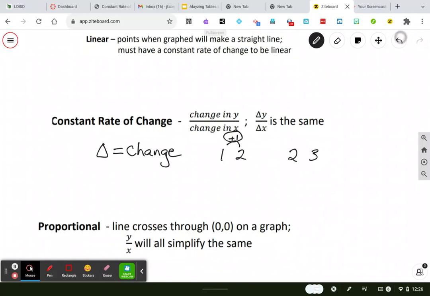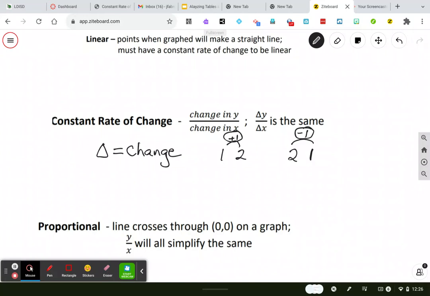If I'm going from 2 to 1, I'm changing by 1. So I'm taking the difference. You're taking the two numbers and subtracting them to figure out what your change is.